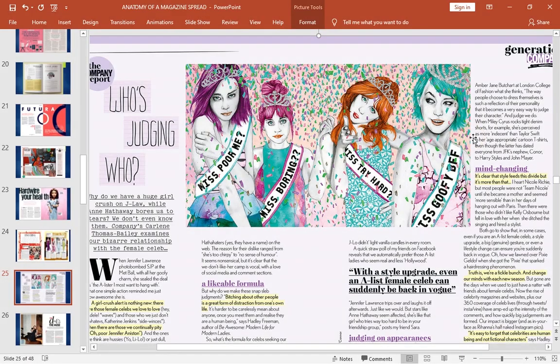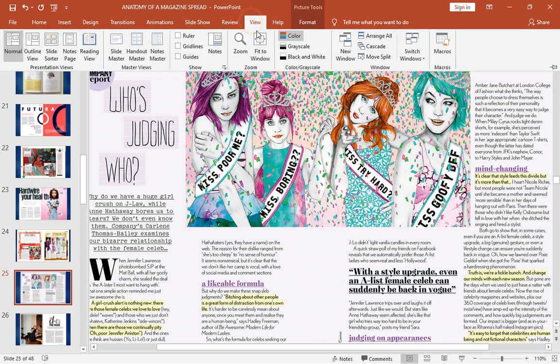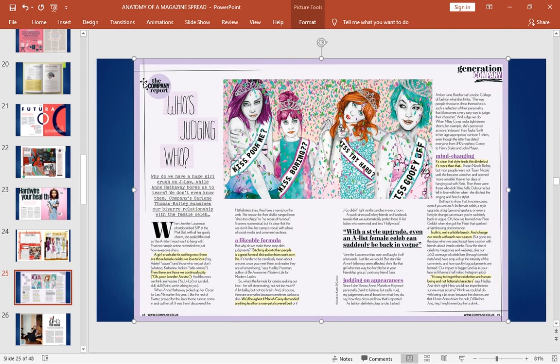Okay, so we also have what we call the running head or feet. When we talk about the running head, it is something that you can find in all of the pages of the magazine, any place of the magazine.